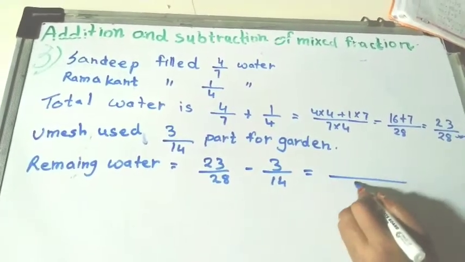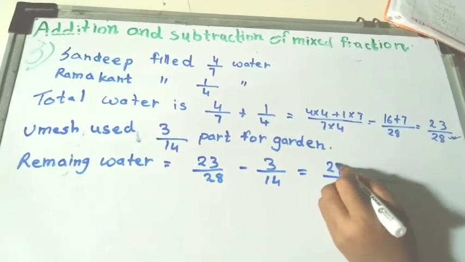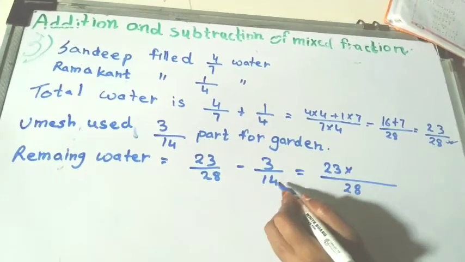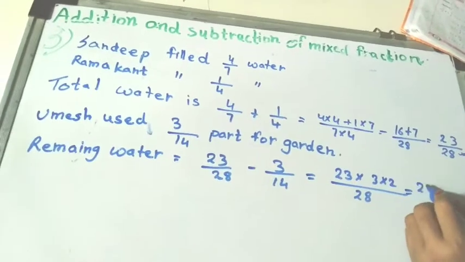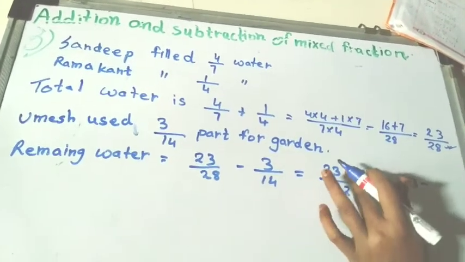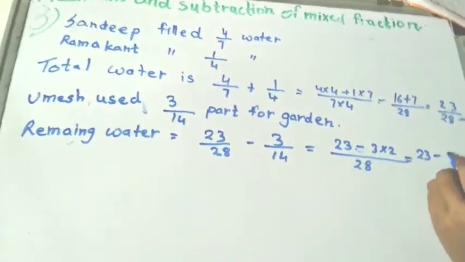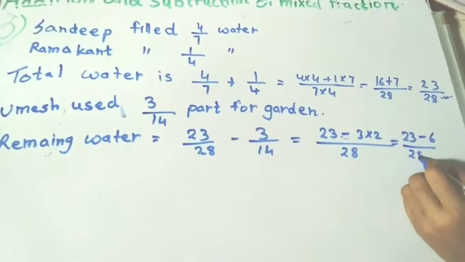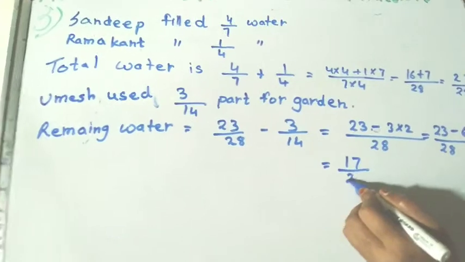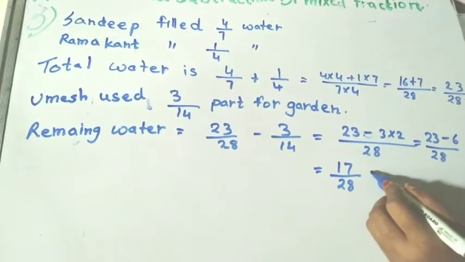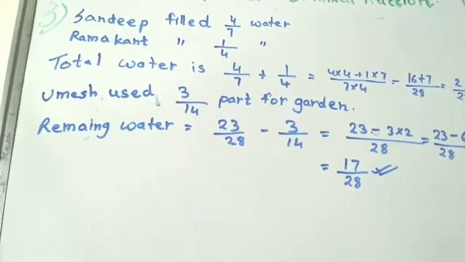You can subtract: 14 to the 28 is 2, so 3 into 2 is 6. 23 minus 6 by 28 is 17 by 28 part of water remaining.